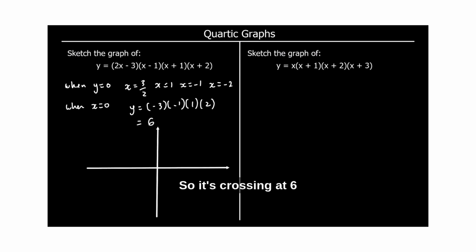So it's crossing at 6 on the y-axis. And then it's at -1, -2, 1, and 1.5 on the x-axis.